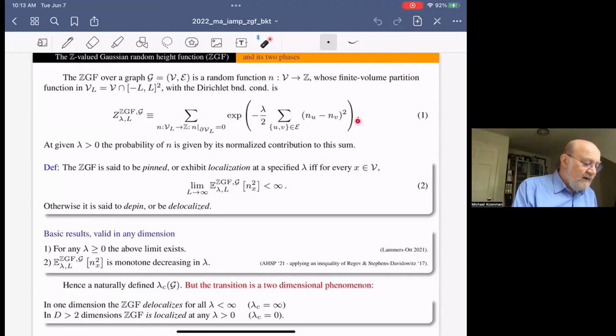I see. Okay, you would notice that periodic boundary conditions are not used here because the action in this model is invariant under uniform shift of n.